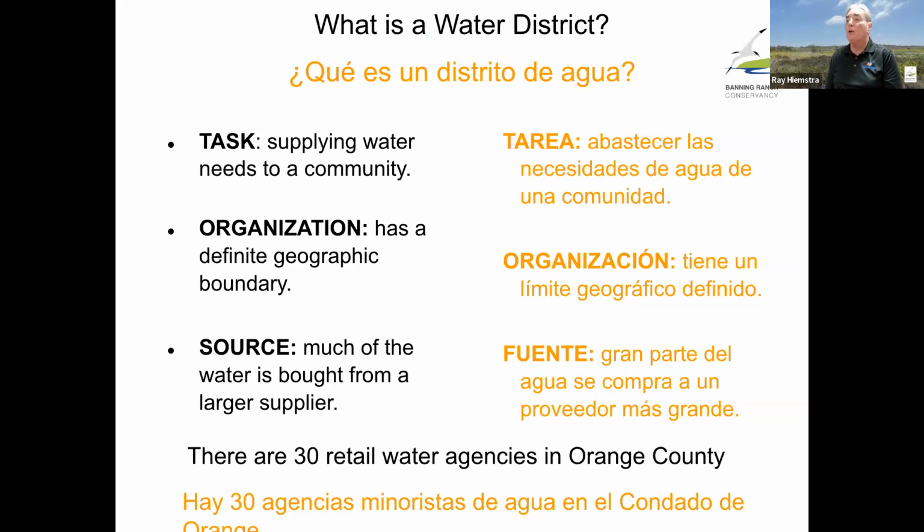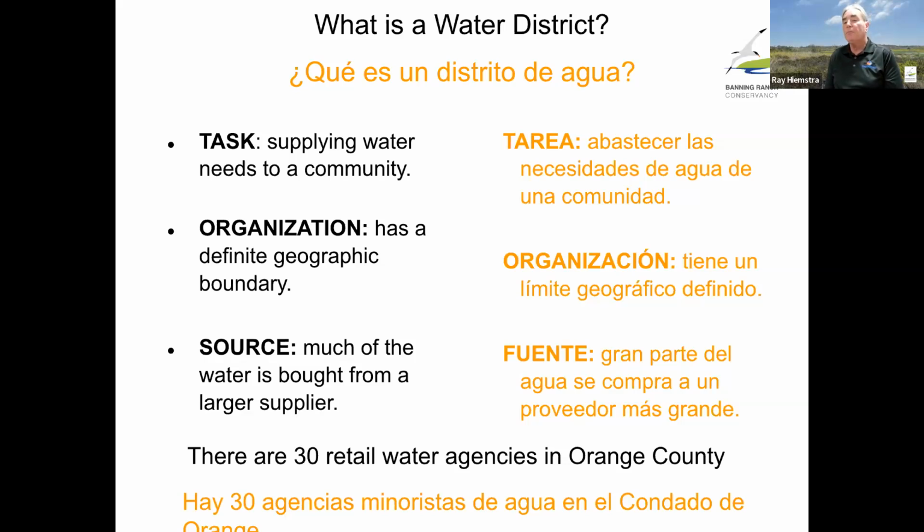And that's very important because we all want clean, available water. And as I mentioned, and I'll talk a little bit more about, it takes a lot of effort to make that happen. Each organization has a definite geographic boundary. So they serve a particular area. Sometimes that's a city. Sometimes that's a larger area making up several cities.